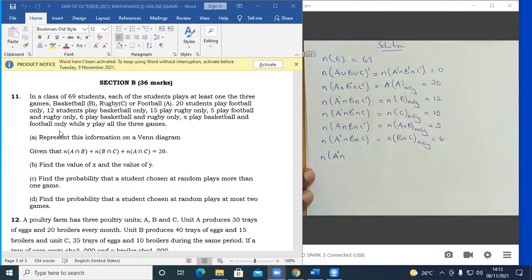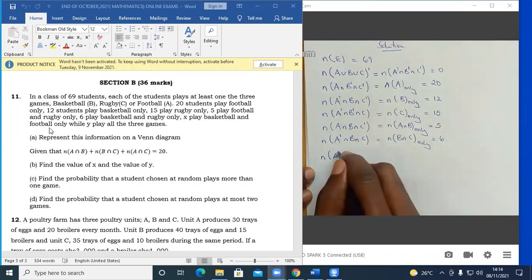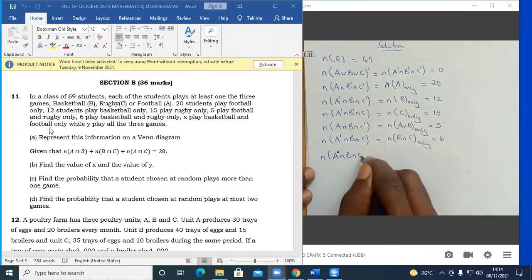This one should be A complement. X play basket. Basket is B. B intersection football. Oh, sorry. This one should not be complement. Then C complement.